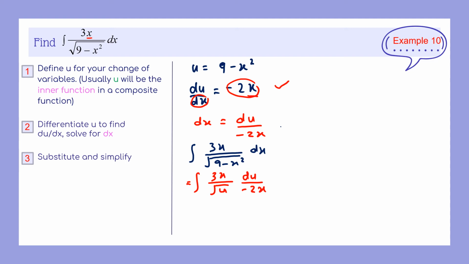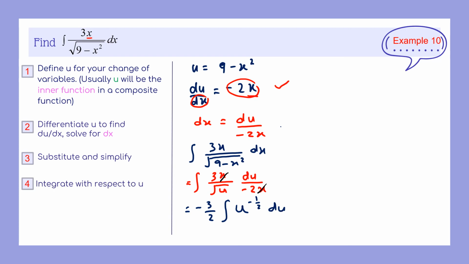And then after that, we can cancel out x. Then we can simplify this one as negative 3 over 2 integrate 1 over sec u. We can change to u power negative 1 over 2 du.